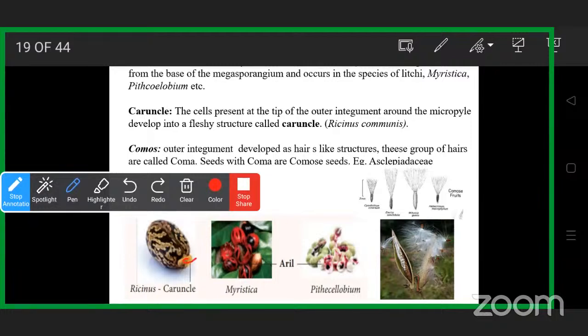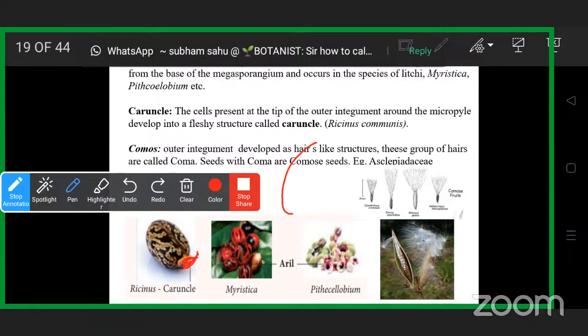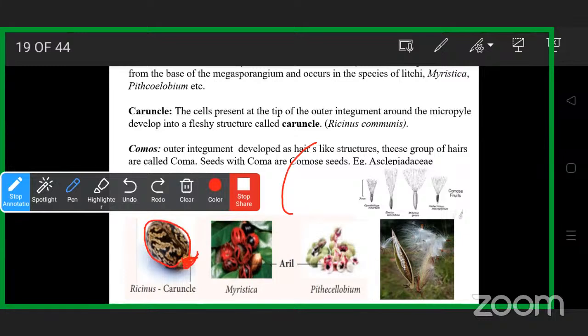It is an extra mucilaginous structure at the micropylar end. The extra mucilaginous sacs at the micropylar end are called caruncle. Not the bus uncle, car uncle, cycle uncle, scooter uncle.